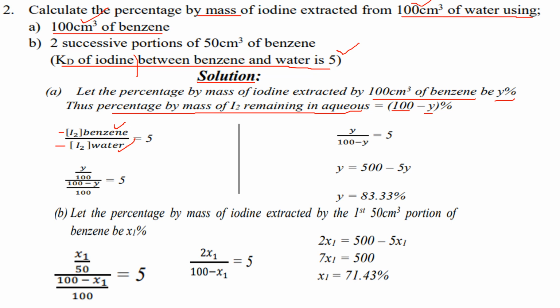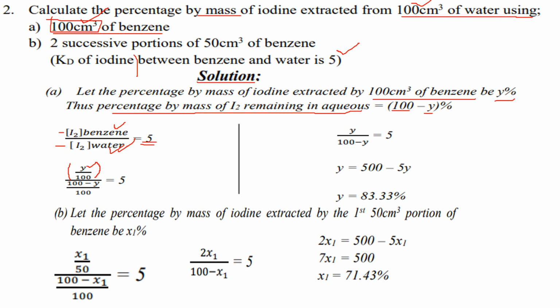So proceeding, Kd will be equal to molar concentration of iodine as dissolved in benzene to the molar concentration of iodine as dissolved in water. And our Kd has been given as 5. To get molar concentration, you get given mass, which is y, divided by total volume. And here in part A, we are using the whole of it, which is 100. So that's how we get molar concentration, given mass divided by volume.